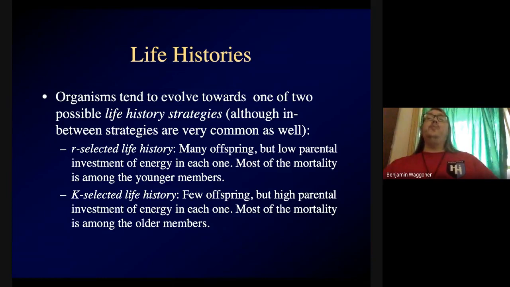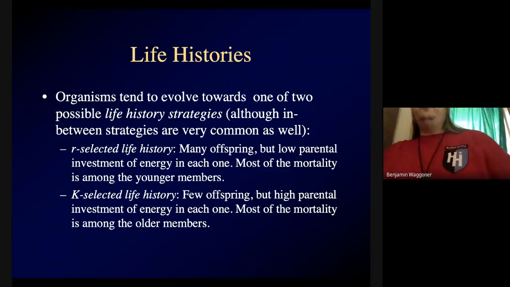And there are two basic types, although they're not the only ones possible. There's lots of in-between strategies. These are more ends of a continuum rather than either-or options. Organisms that evolve towards an R-selected life history, it's called R-selected because R is that intrinsic rate of increase, right? R is basically how steeply that exponential curve shoots up.